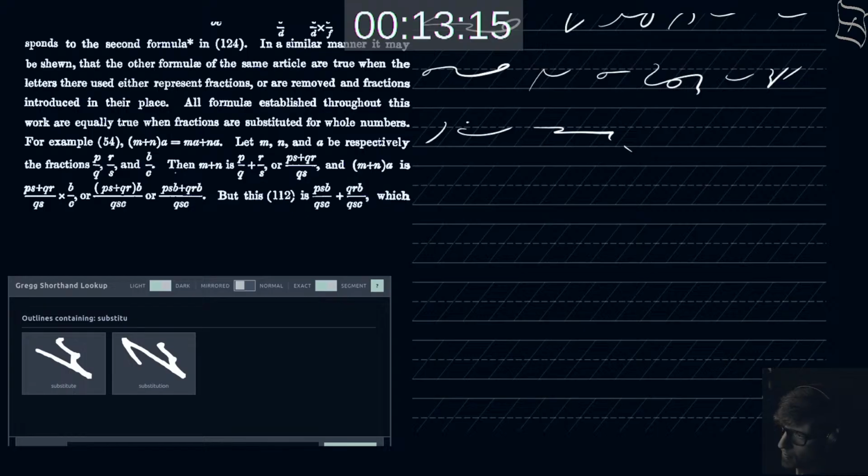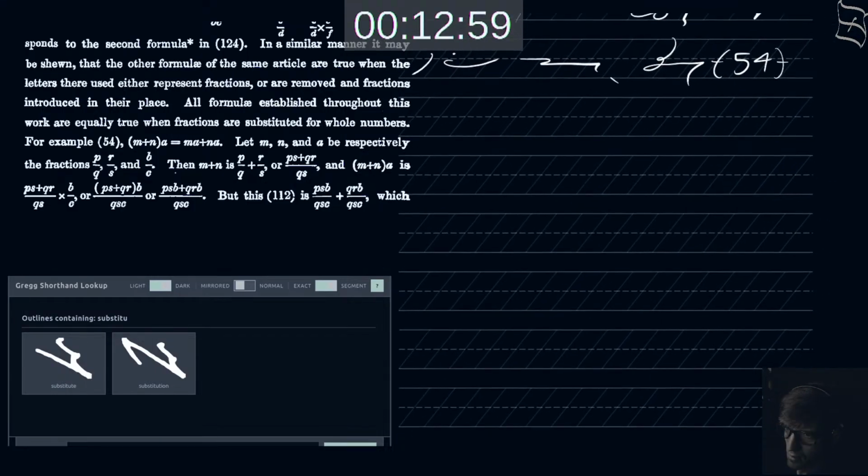For example, Article 54 states that if we have the product of a value and a sum, in this case a times m plus n is going to be equal to ma and na.